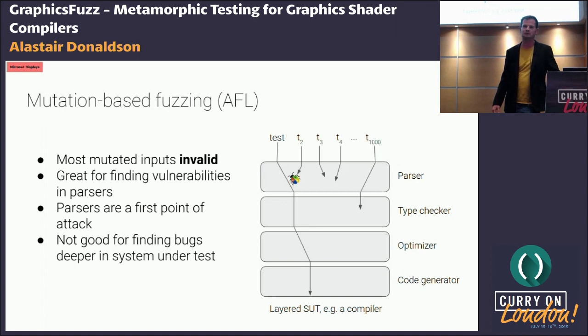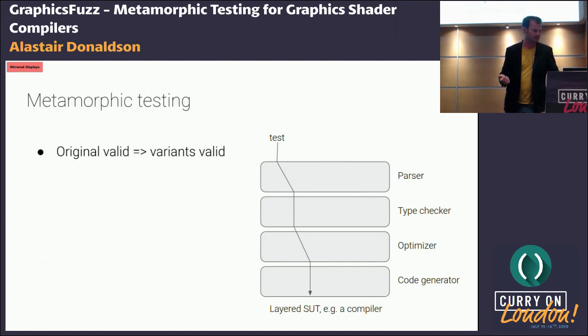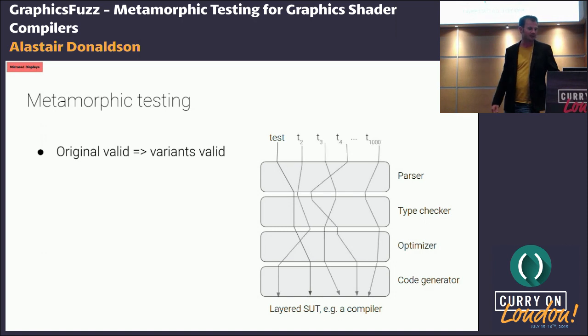Some of the inputs that go in the parser will find vulnerabilities in the parser, which is fantastic, because that's the first place you would attack. But very few inputs are going to make it past the parser, and almost none are going to make it all the way through the whole system. Some will, but very few. If you think about metamorphic testing, because we do this semantics preserving thing, all of the inputs are valid, so they all make it all the way through the shader compiler, unless they crash the shader compiler.